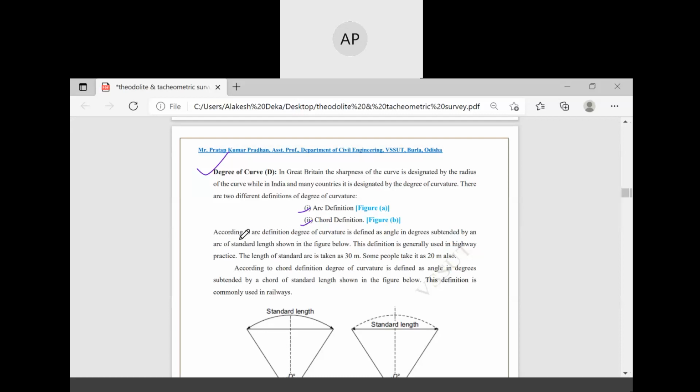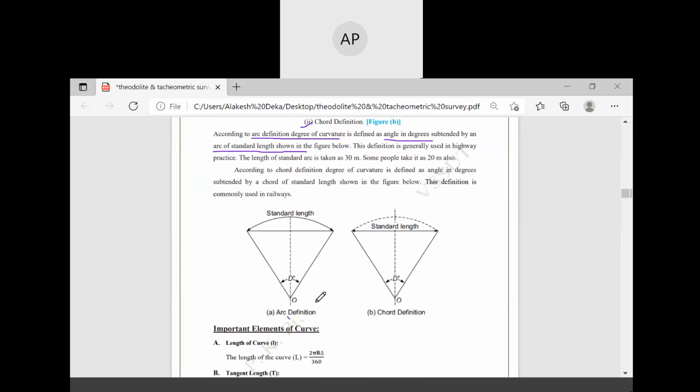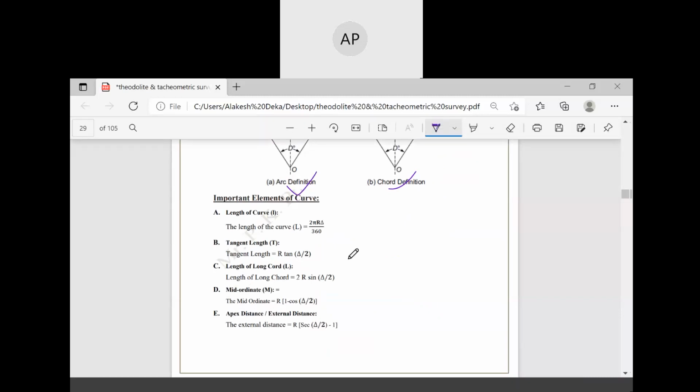In the arc definition, degree of curvature is defined as the angle in degrees subtended by an arc of standard length, shown in the figure below. This one is the arc definition, and this one is the chord definition. This one is your arc, and this one is your chord. There are some important formulas, which I will discuss later.